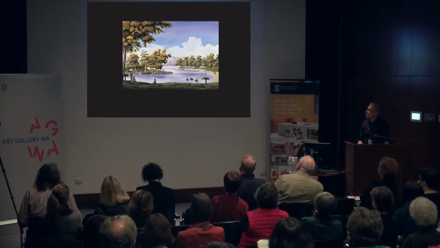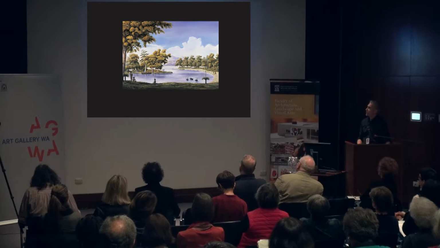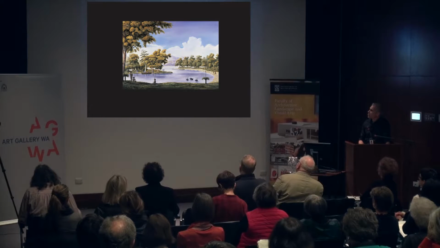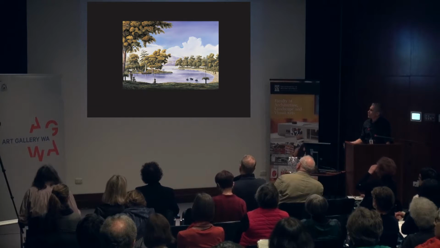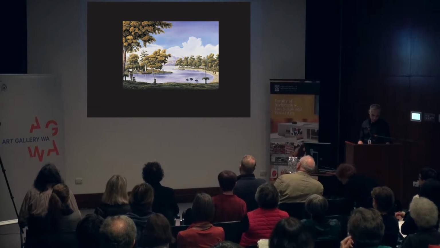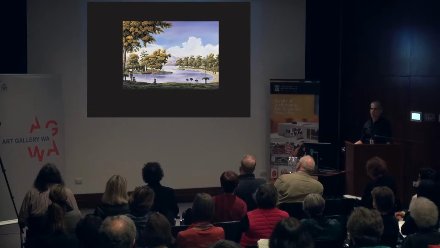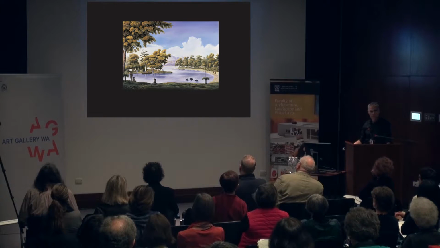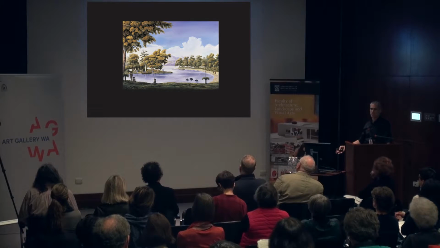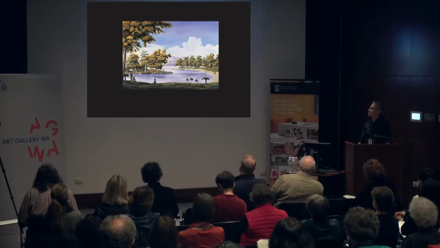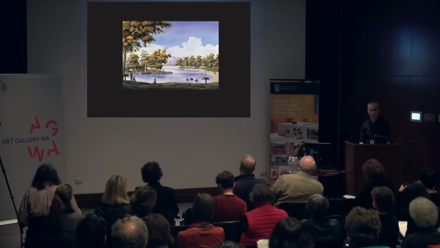This is part of Captain Stirling's exploration party, embarking on the eastern bank of the Swan River. In the foreground there are several Wadjuk people, sitting there as passive onlookers, playing into the whole idea of the noble savage: the man untouched by civilization, the purity of man, but also a man who doesn't have any social or political stance.